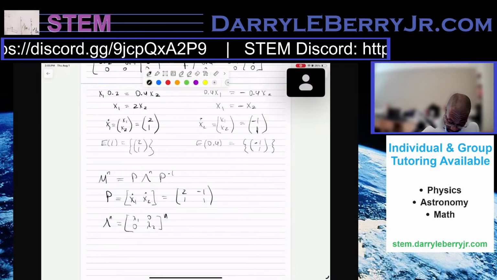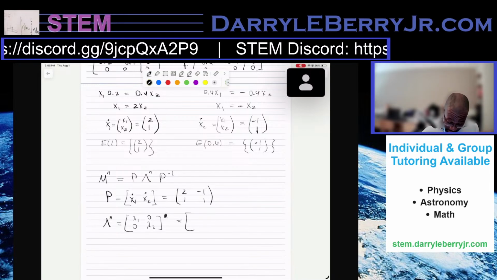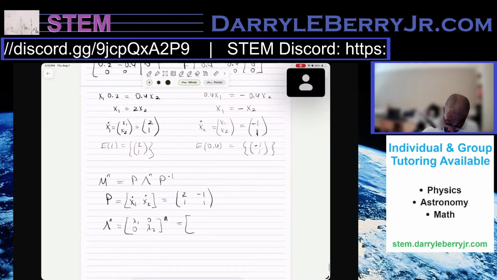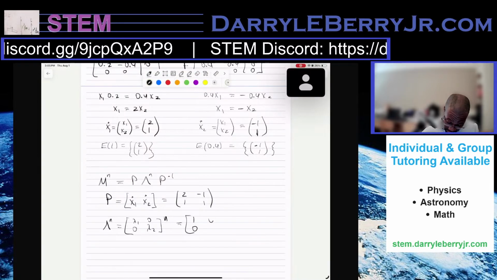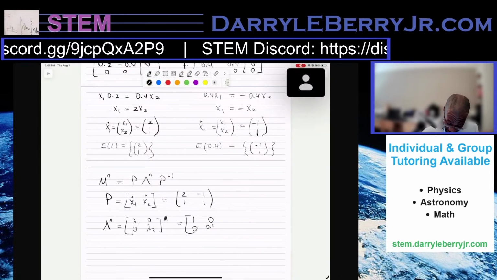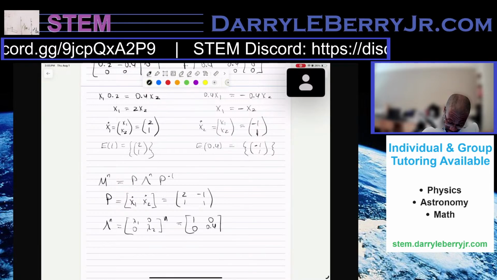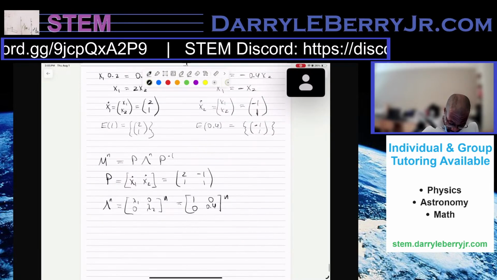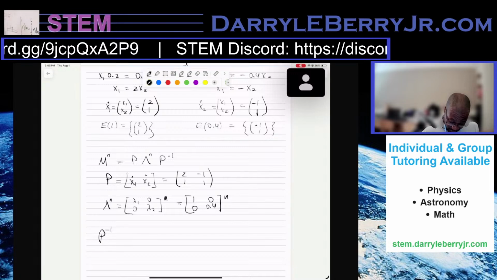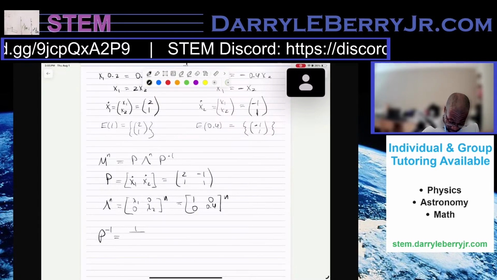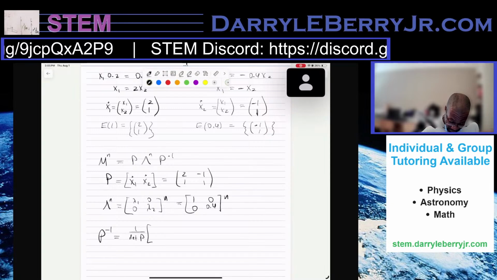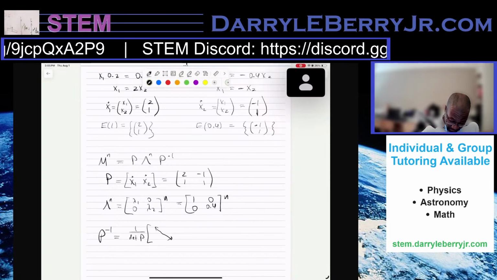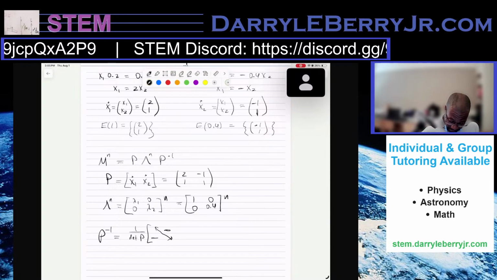So that's going to be, I wrote it there for convenience, 1, 0, 0, 0.4 to the n. And then P inverse is going to be 1 over the determinant of P. And then you swap these and make this into a negative.